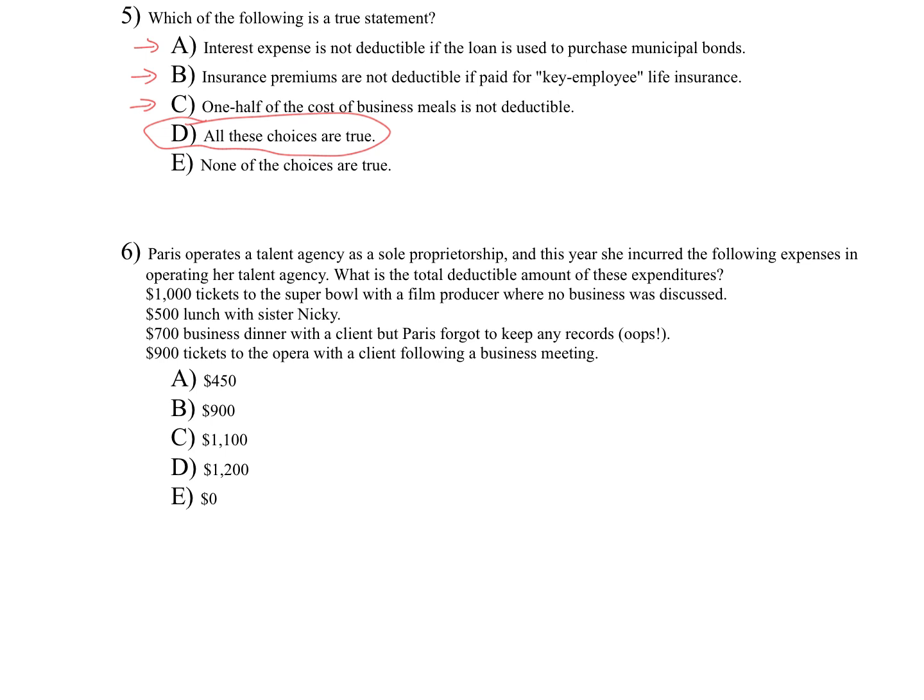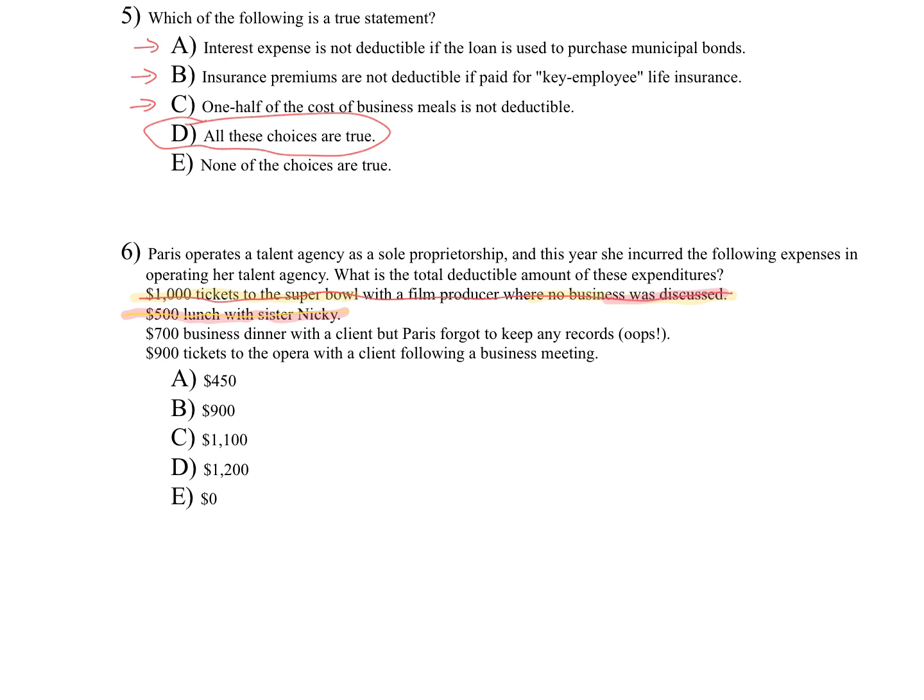Okay, so we've got $1,000 tickets to the Super Bowl. No business was discussed. All right, so are those a business expense? And the answer is no. Those are not a business expense. A $500 lunch with her sister Nikki. Is that a business expense? No, it is not a business expense.